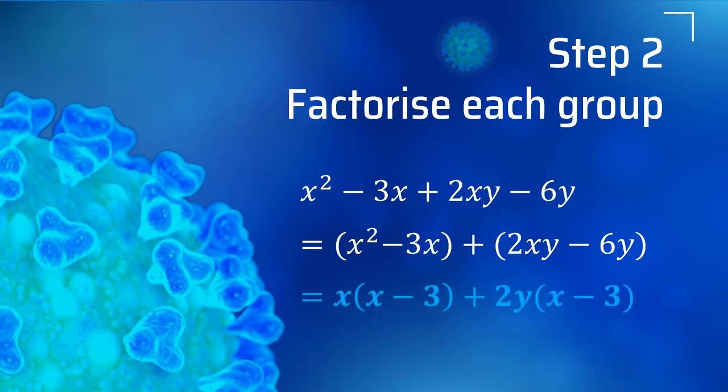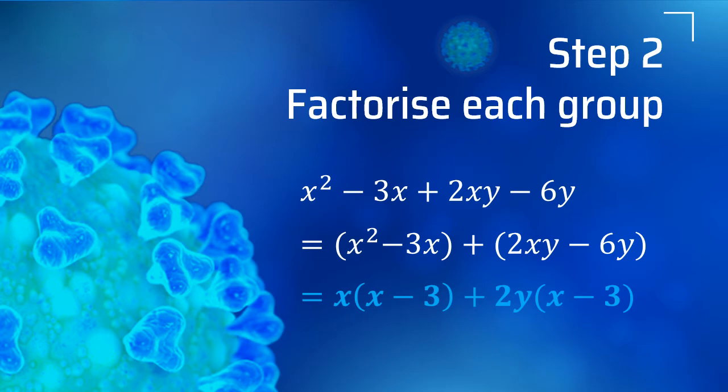Like this. Okay? So how to get the bracket? For the first group, x squared divided by x, get x. Minus 3x divided by x, get minus 3. The second group, 2xy divided by 2y, we get x. Minus 6y divided by 2y, we get minus 3.